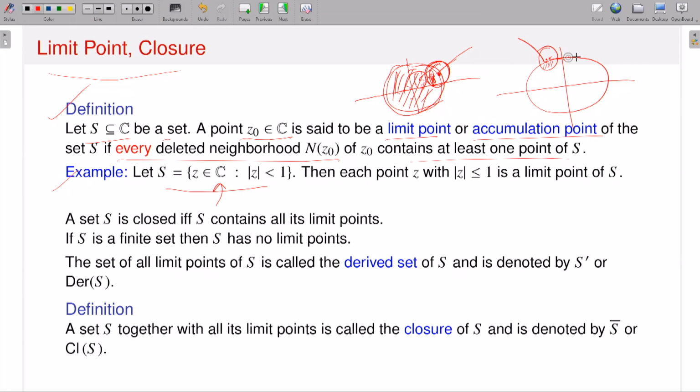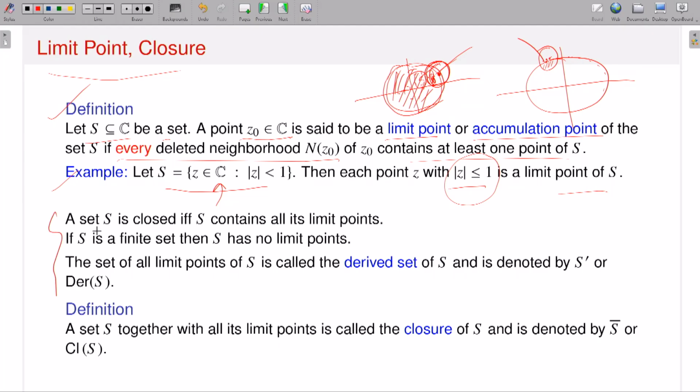Therefore each point on the boundary is also a limit point. So each point z with |z| ≤ 1, inside the set and including the boundary, is a limit point. This is the whole collection of limit points of the set.